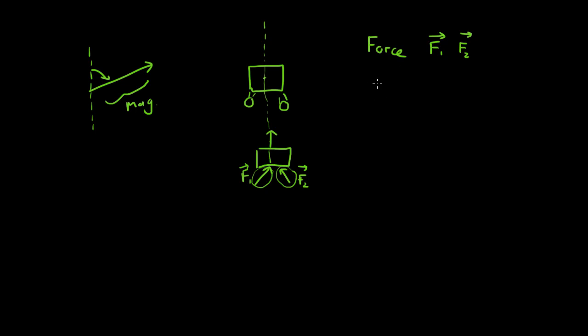You could use other vectors such as velocity or displacement, or really any other vector that suits your taste. But I'm primarily going to be using force vectors just to keep consistent. It doesn't really matter. You can think of them as just arbitrary vectors. So we want to know how to add two vectors.